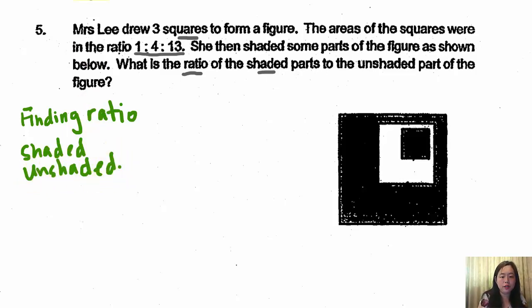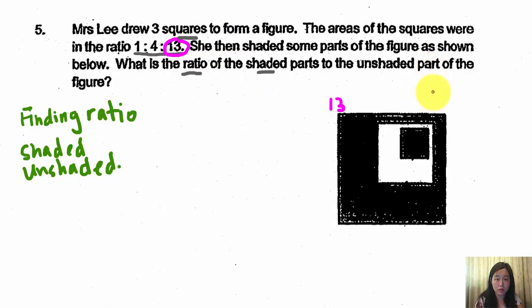So let's try to label them. Of course, the biggest square is 13. So let's put it here. This is 13. The smallest square is 1, which is actually here. And the middle-sized square is actually 4, which is here.